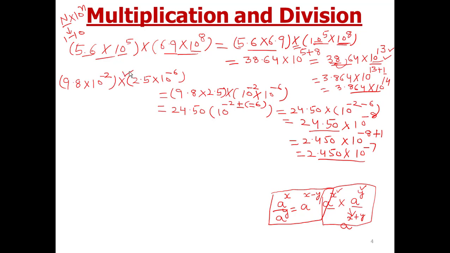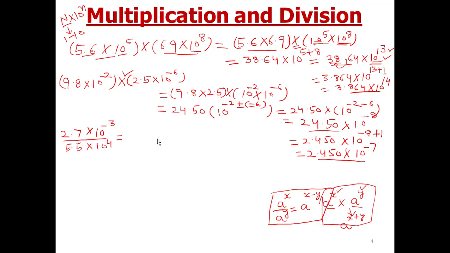Similarly, let us do one example of division. The question is 2.7 into 10 raised to the power minus 3 divided by 5.5 into 10 raised to the power 4. Now again we will make groups.